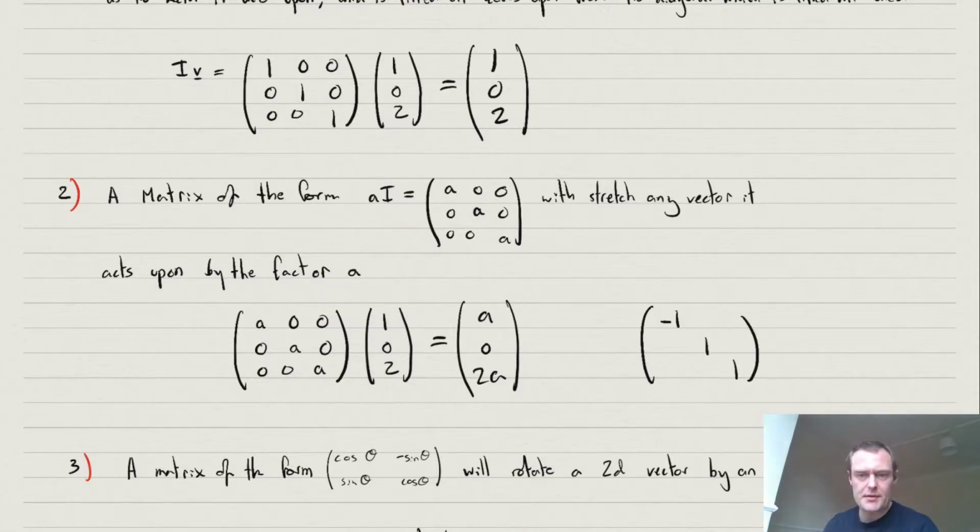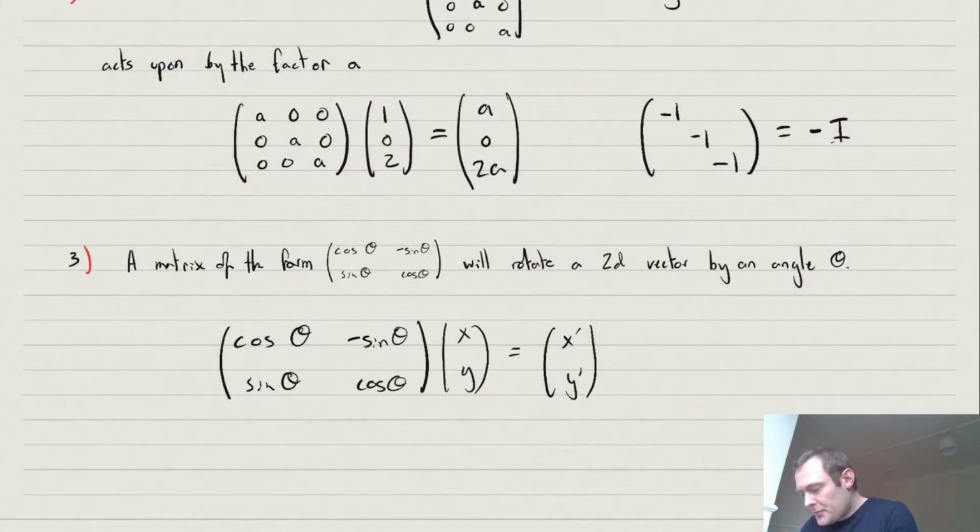Now, all that one's going to do would be to reflect the x component. So that'd be like reflection in the yz plane. Or we could have minus 1, minus 1, minus 1, which is just the negative of the identity matrix, in which case that's going to just invert every vector for its negative.